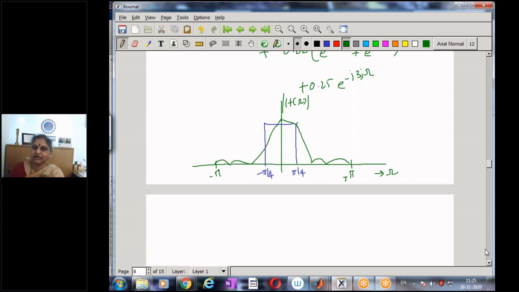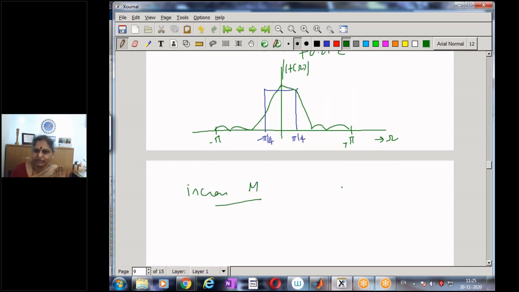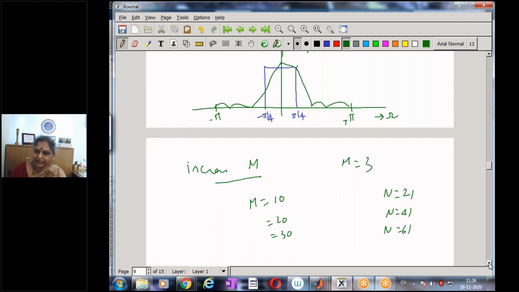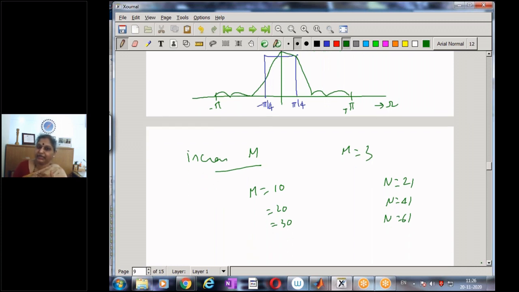Now the question arises, how do I improve the design? The immediate answer is that we have to increase M. We started with M equal to 3. Now instead of M equal to 3, maybe I make M equal to 10, or M equal to 20, M equal to 30 and so on, which will then give me N equal to 21, N equal to 41, N equal to 61, etc. So by increasing M, my representation of the filter is going to improve.